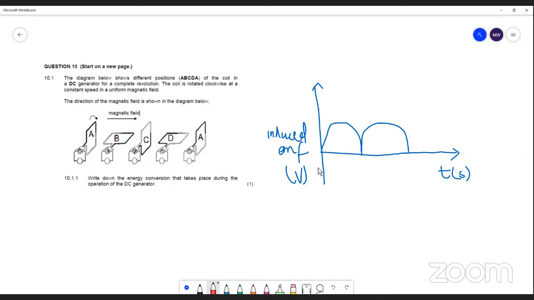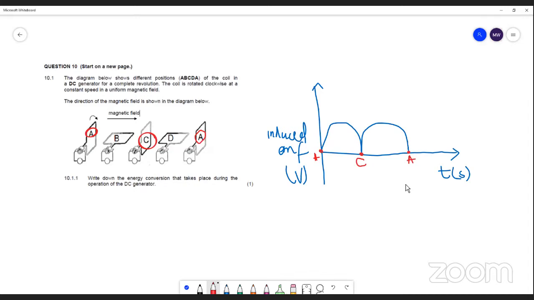And then we have to put in where our points A, B, C, and D are. So the important thing to note here, your A, C, and A are both when your coil is perpendicular to your magnetic field. So that means it's going to be these spots. So this is going to be A, C, and A, because that's the point where you have no current.